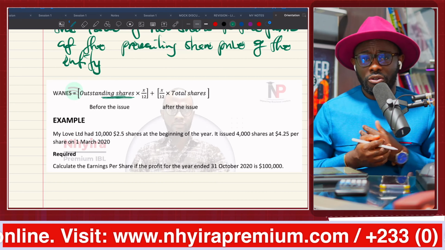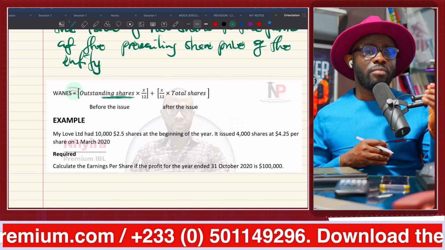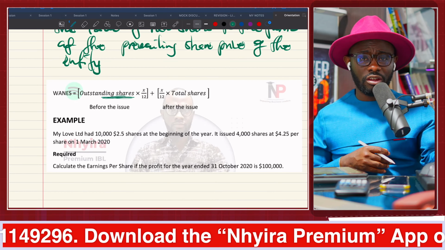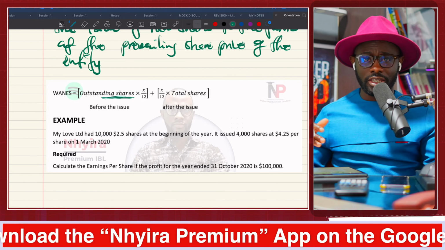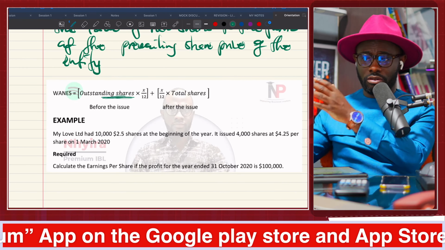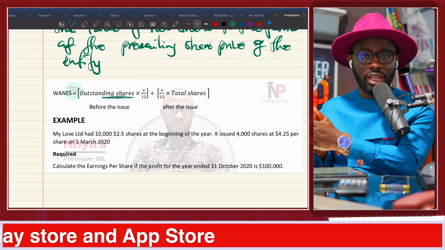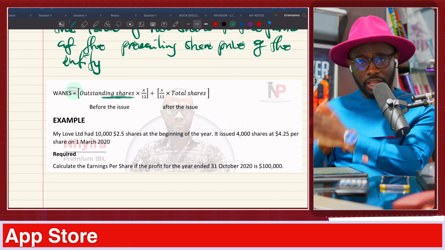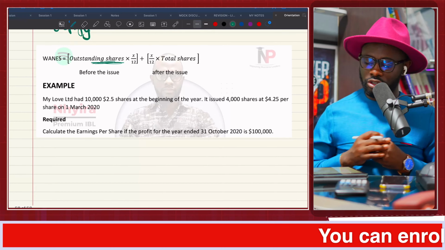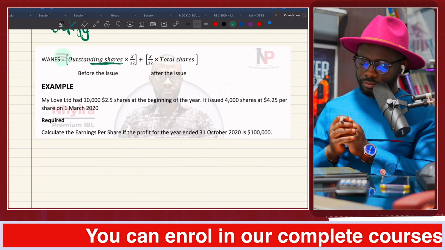Because the timing ratio will always come into being if the event is not occurring at the beginning of the year. If it is occurring at the beginning of the year, then there will not be any timing ratio. But if it is occurring midway or within the year, then certainly the timing ratio has to come in. So let's use this question as a guinea pig to bring out the principle.